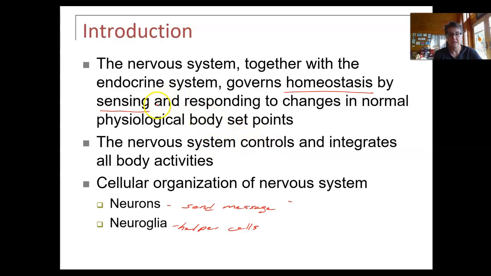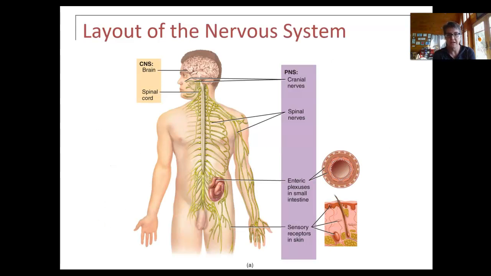It will sense the problems, detect whether it is okay or not okay, with regard to how the incoming information compares to the set points, and then initiate responses as necessary.